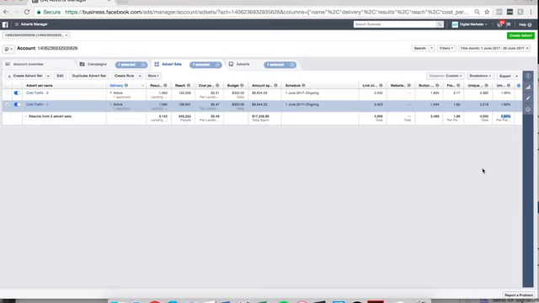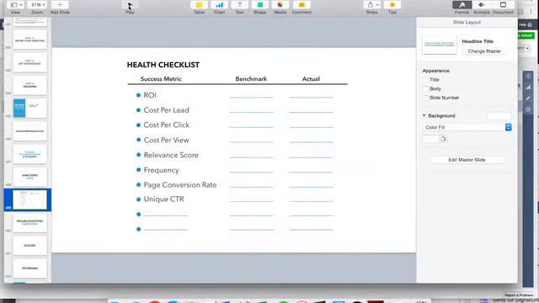Again, this isn't a metric that if it's below 1%, you should turn the campaign off, but it's a great metric to track every week so that when you go into troubleshooting your campaign, you can see the best points of optimization, right? Is it on my actual ad or is it on the landing page? And we'll talk about that more in the next video.